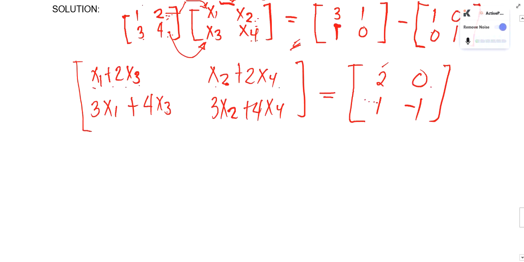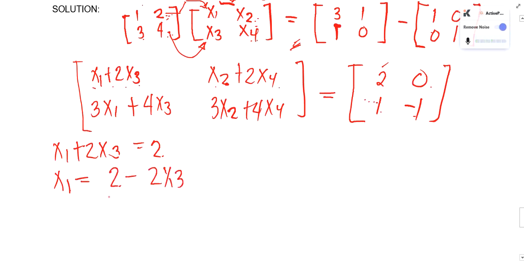Yung 3X1 plus 4X3 equal siya sa 1. And then 3X2 plus 4X4 equal siya sa negative 1. So, yan yung magiging equations natin. Yung una, kukunin natin yung row 1, column 1, that is X1 plus 2X3, equal to 2. So, let's get the value of X1 in terms of X3, that is equal to 2 minus 2X3. So, yung X1 natin in terms of X3 is equal to 2 minus 2X3.